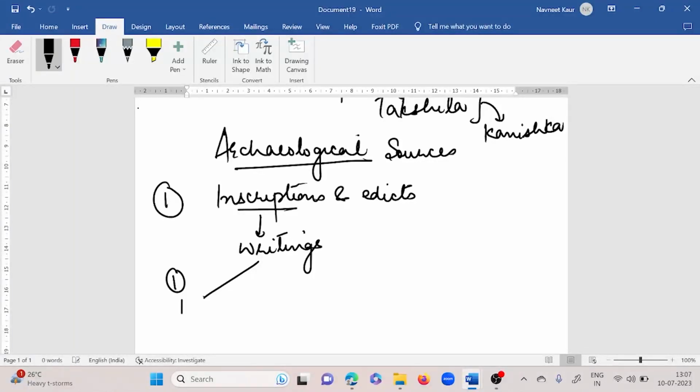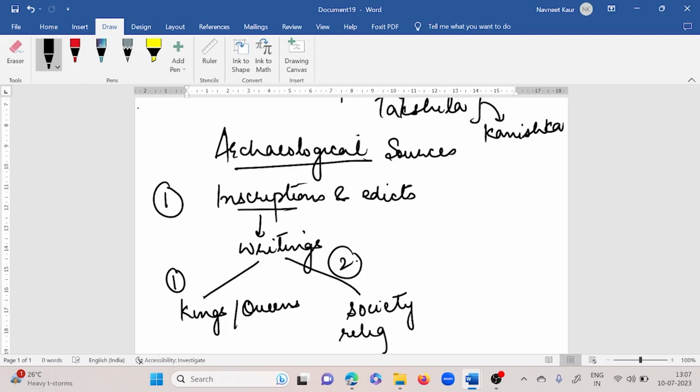First, they give information about great kings, queens, the period of their reign, the extent of their empires, and the important events that took place. Second, they told us about the society, the religious and cultural practices at that time.